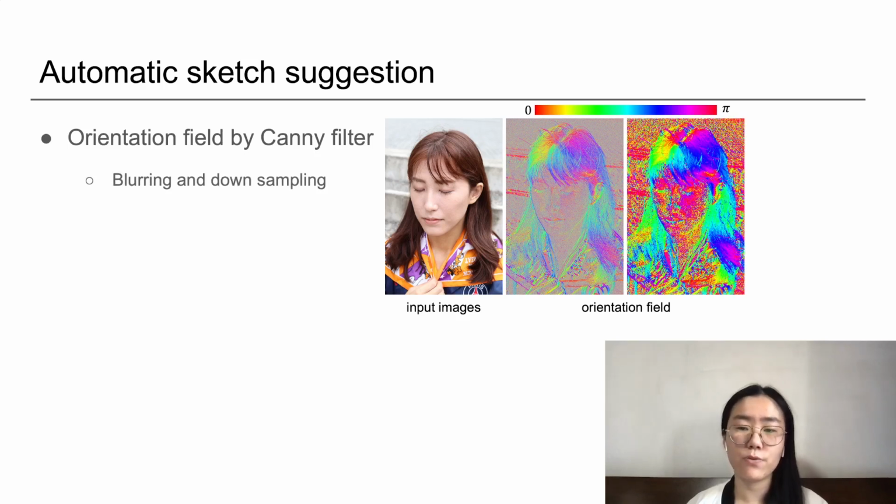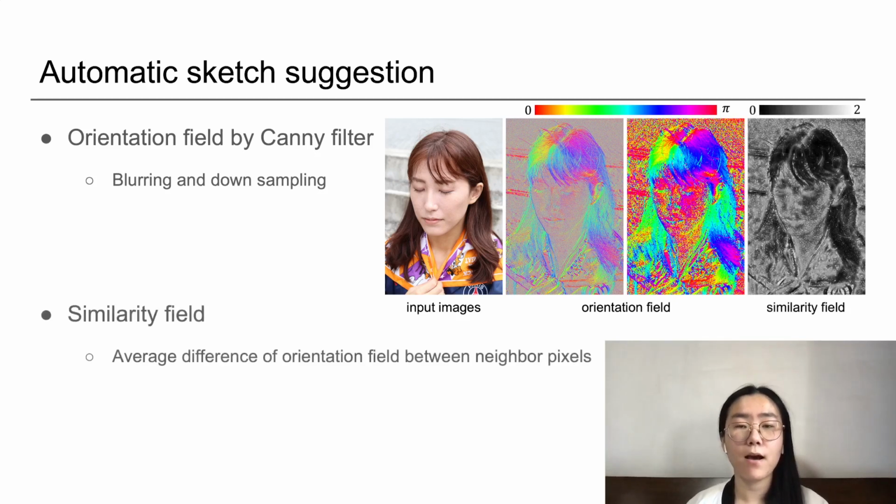The orientation fields represent the hair strand's directions from 0 to pi. Also, we introduce the similarity field to identify the hair region roughly. This field shows the average difference between one pixel's orientation and its neighbors. The darker the pixel is, the more similar it is to the surrounding neighbors.